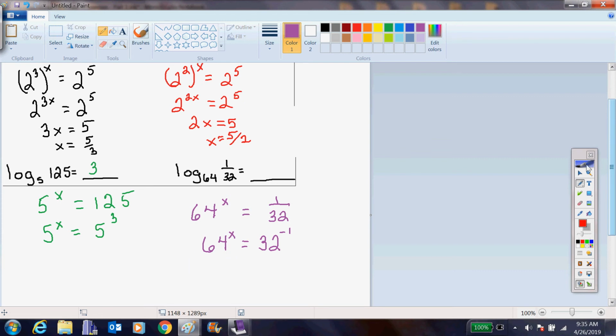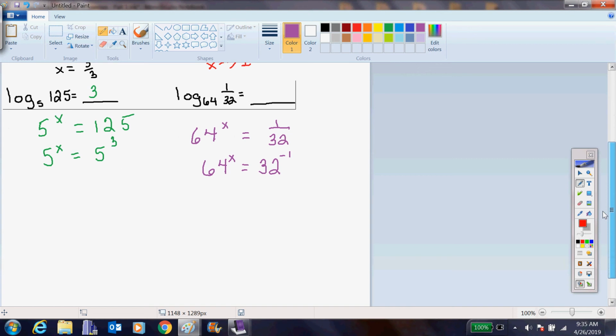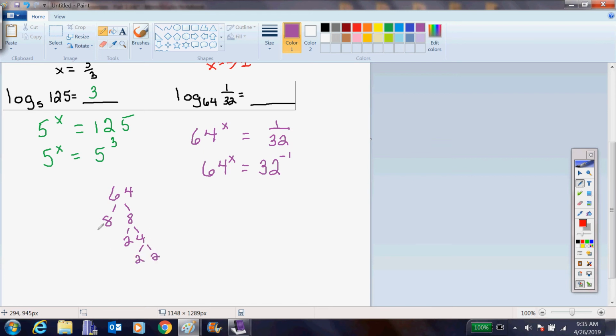Now we can break down your 64, and you can break down your 32. Let's break it down. 64 is 8 times 8. This is 2 times 4, 2, 2. How many 2's are we going to end up with here? 6 2's. So this is 1, 2, 3, 4, 5, 6. So this is 2 to the 6th power times x.